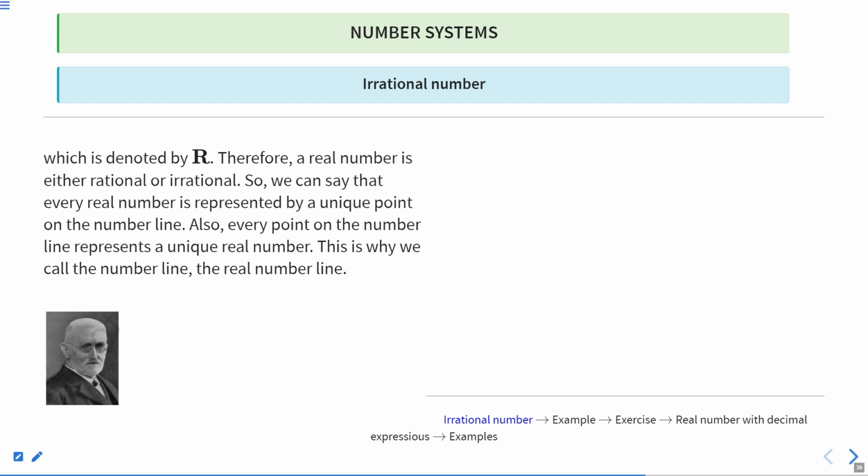So this is why we call the number line the real number line. Because every point on the number line represents a unique real number, we call the number line the real number line.